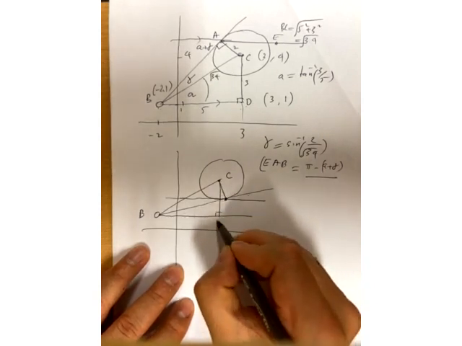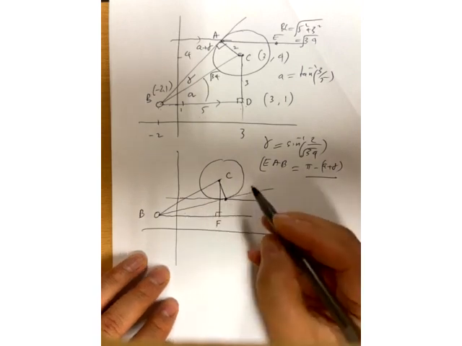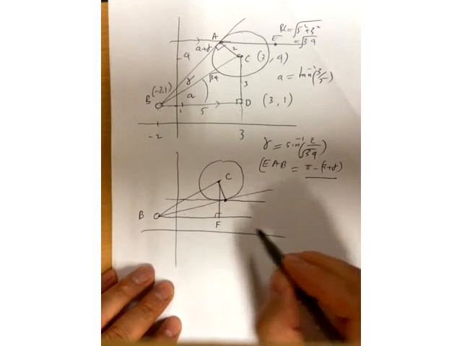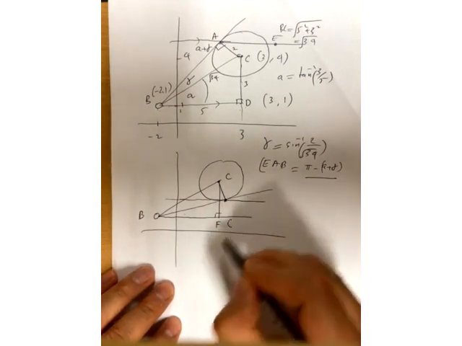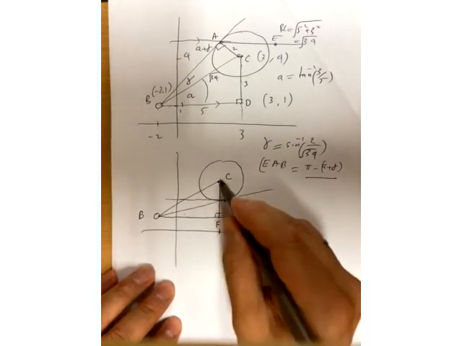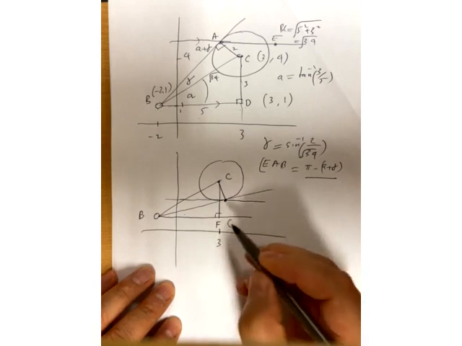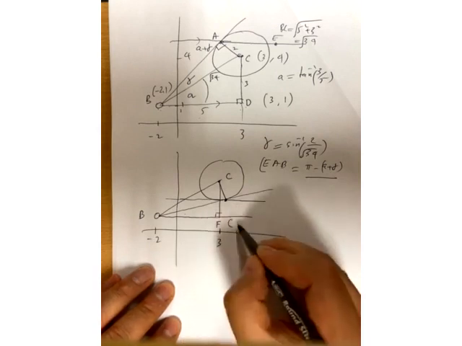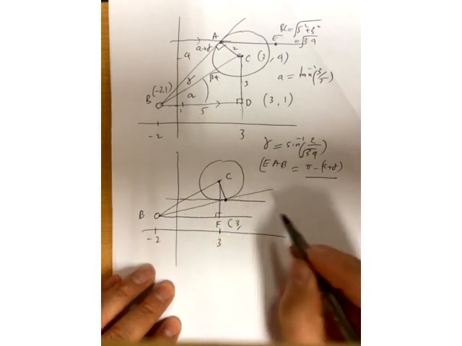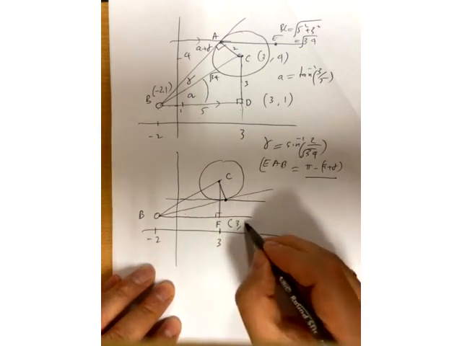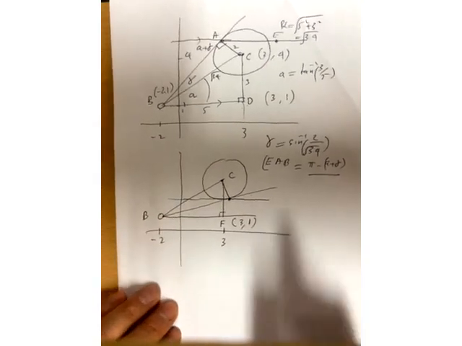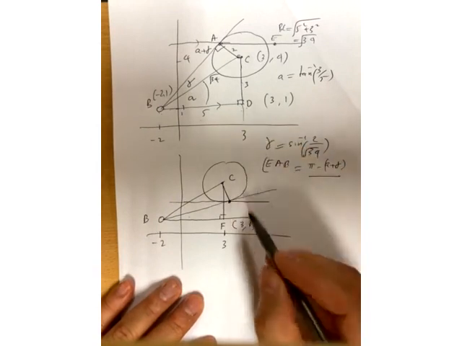So that is my point F now. F has the same x value as C, which is 3, and the same y value as B, which is 1. So now F is the same as D, by the way.